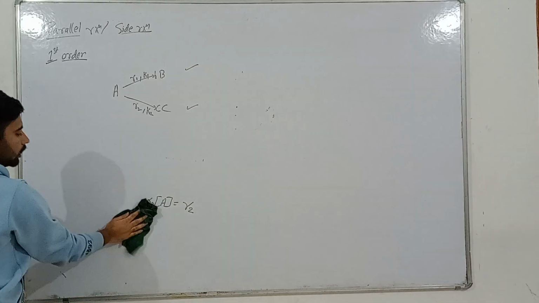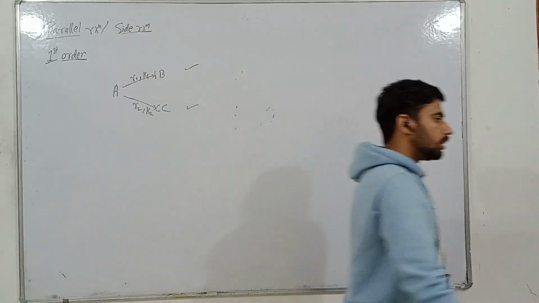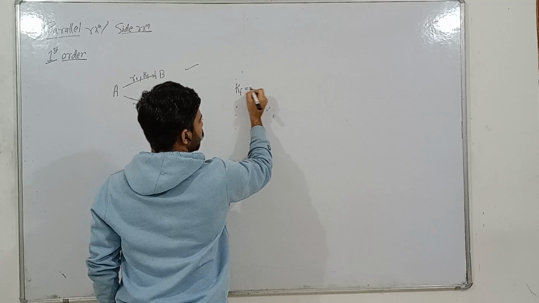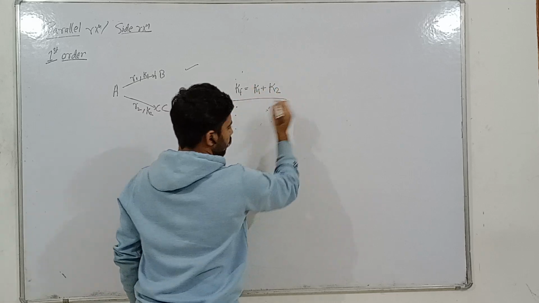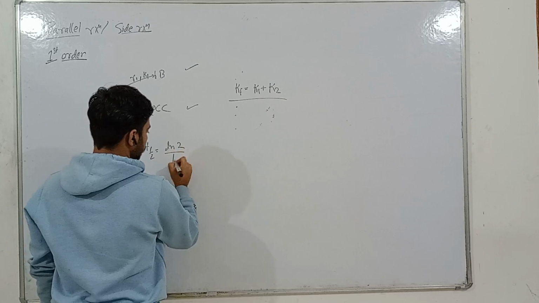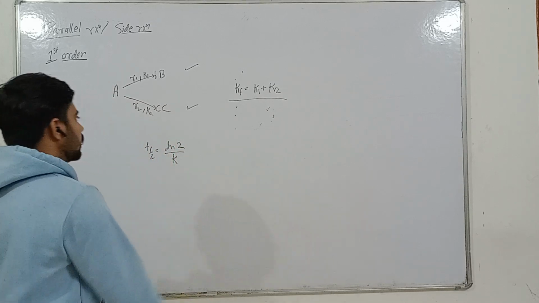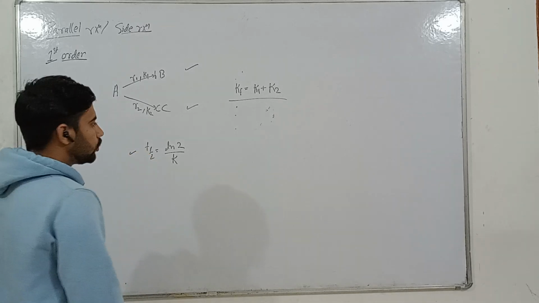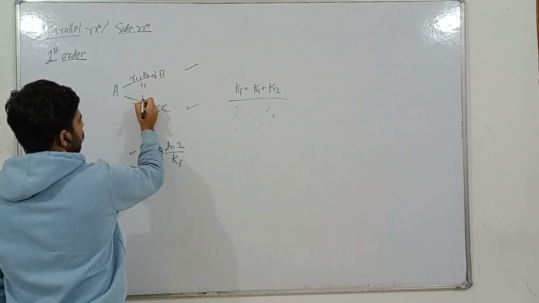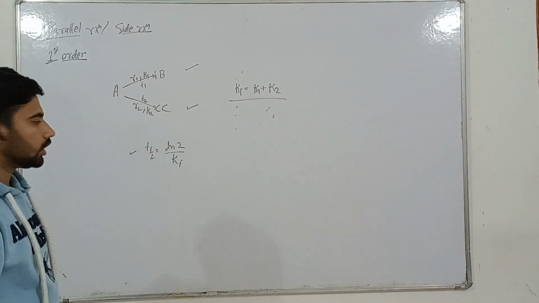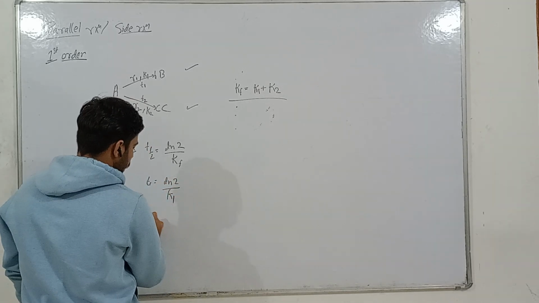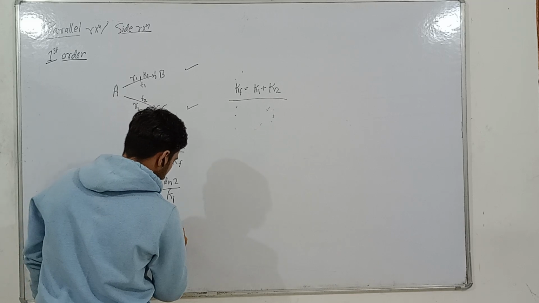If we have to find the t half of the overall reaction, we know that k dash equals k1 plus k2, and t half equals ln2 divided by k. If the overall t half of the reaction corresponds to kf, similarly if the half-life of this reaction is t1 and of this reaction is t2, then t1 equals ln2 divided by k1, and similarly t2 equals ln2 divided by k2.